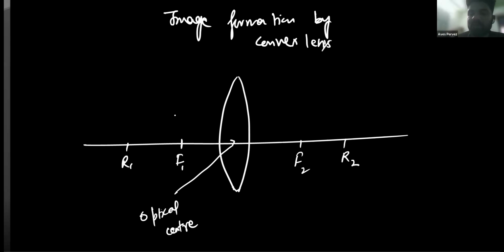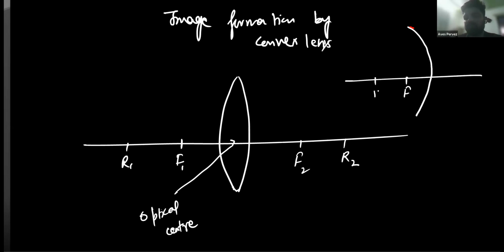Now the other cases. If an object is placed beyond R, this is similar to the image formed by a concave mirror. In a concave mirror, this is the focus and this is the radius of curvature.